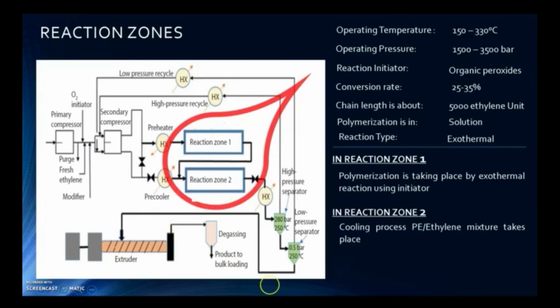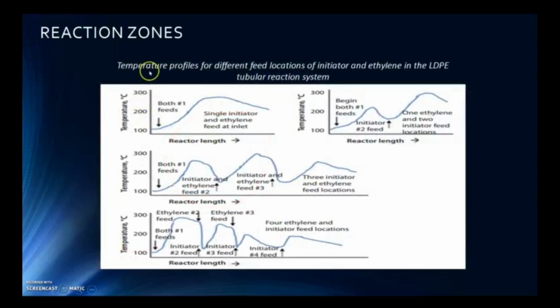So now let's talk about the temperature profile to overcome the heat of reaction. Here we have the temperature profile for different feed locations of initiators and ethylene in the LDPE tubular reaction systems.